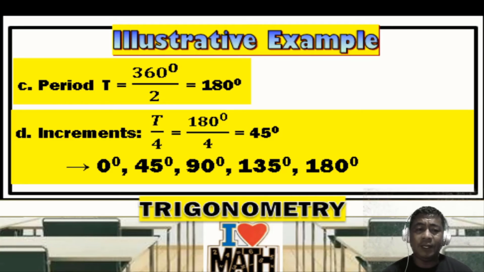Starting from 0 degrees plus 45 degrees is 45, plus another 45 degrees is 90 degrees, plus another 45 degrees we have 135 degrees, plus another 45 degrees, so we have 180 degrees. Take note, these increments are actually one cycle of the graph of a cosine bx.